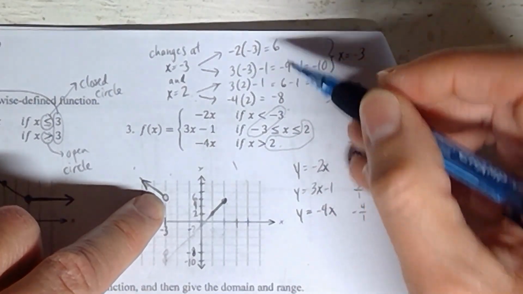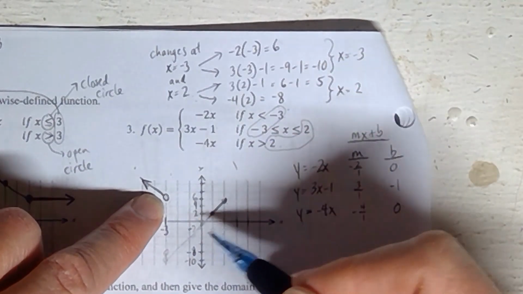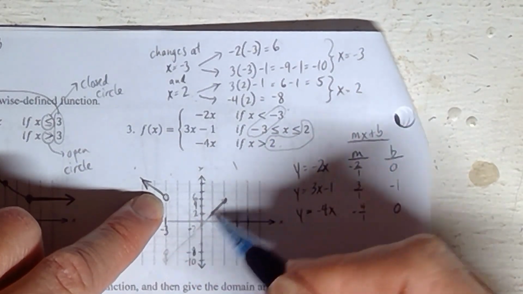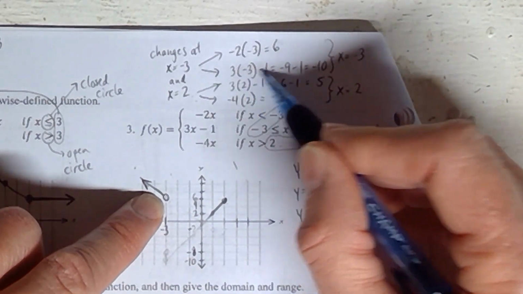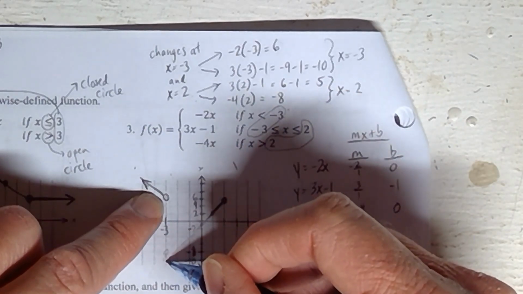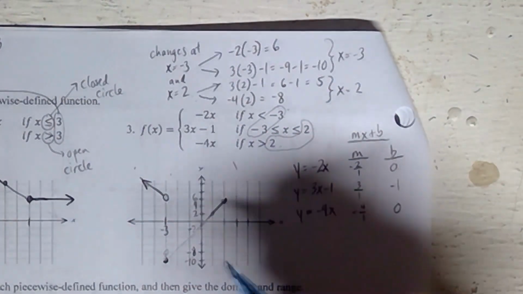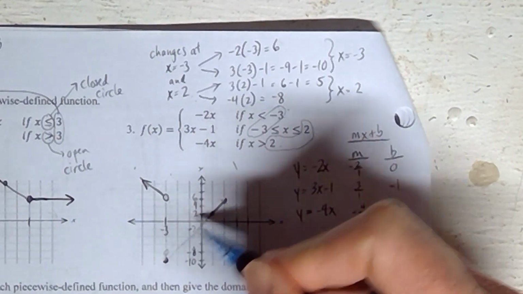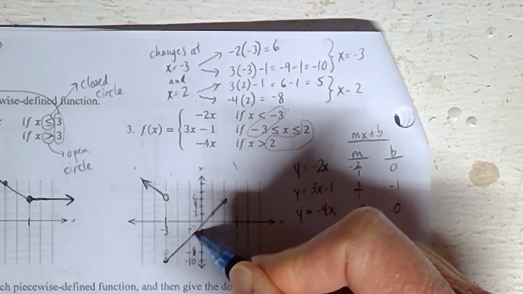So the 6 goes with this one because that comes from the first formula. Because this graph right here is with the second formula, that's why the negative 10, which you can see I plugged into the second formula to get that, would then be on one end of that graph there. Okay, so that's what I need to do right there. I apologize for the confusion right there.